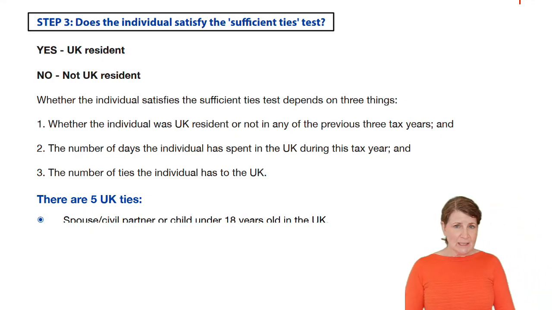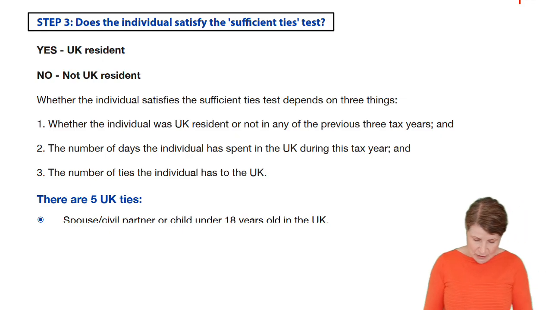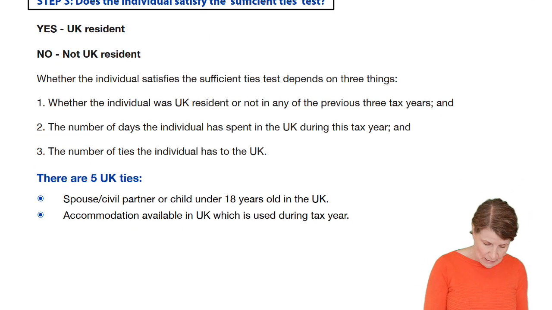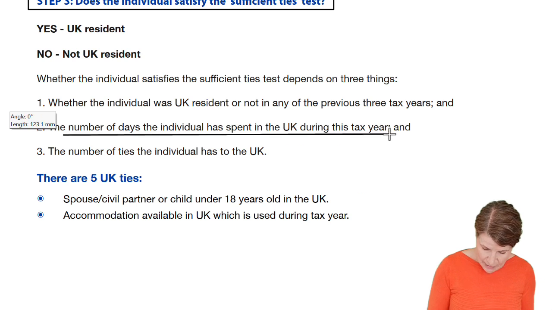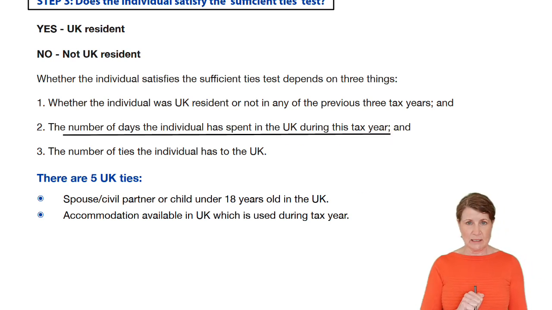So the sufficient ties test depends on the number of days that you spent in the UK during this tax year, 2025-26. It also depends on whether you were UK resident in any of the 3 previous tax years.